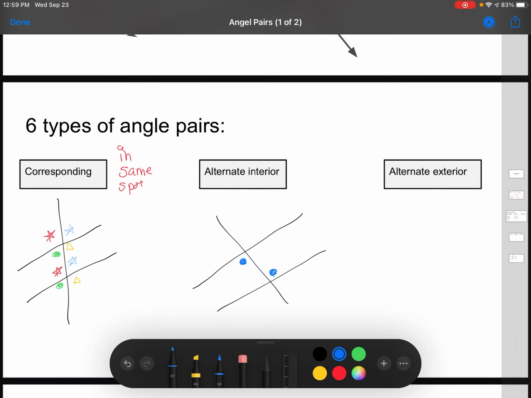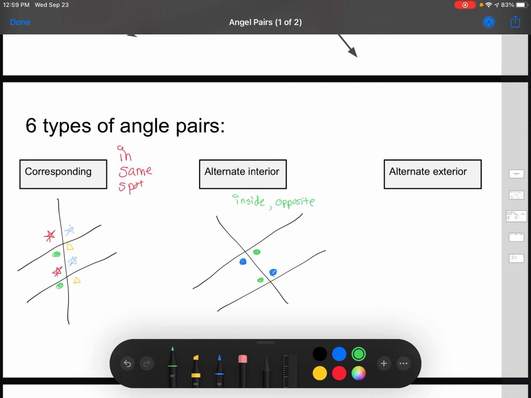See, they're on opposite sides of the transversal, but they're still both inside of those parallel lines. We also have this one goes with this one. Right? So those are alternate interior. They're inside on opposite sides.